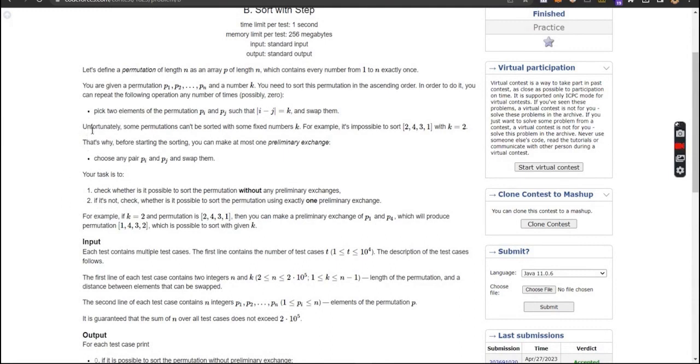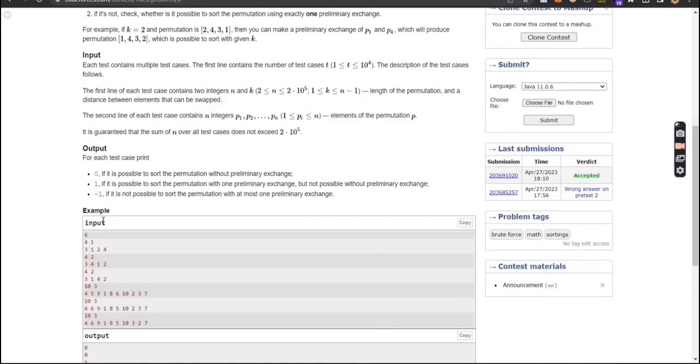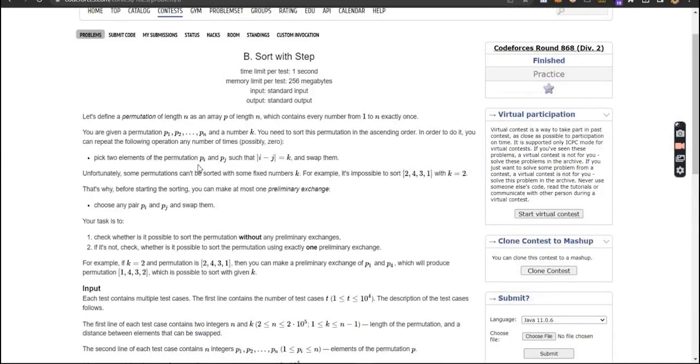And there is another part of this problem also, in which if sorting the array using the operation I mentioned before is not possible, you can use one primary exchange, where you can swap any two positions in the array and again try to sort the array by picking two indices whose absolute difference is k.